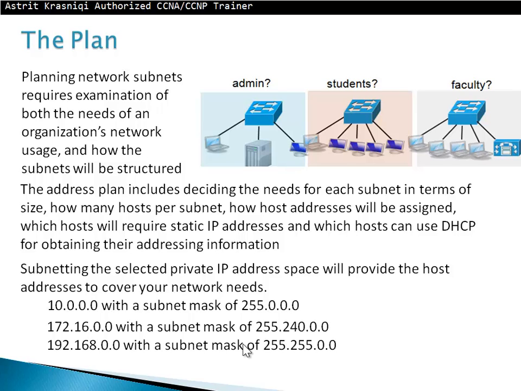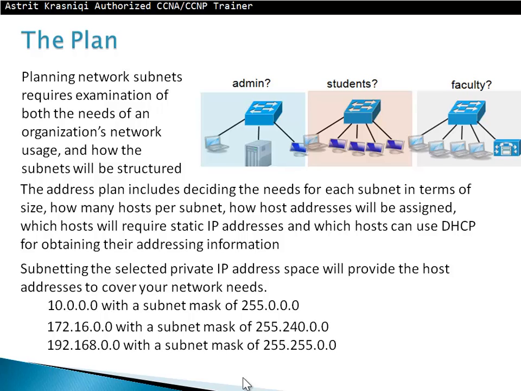Remember the range was 172.16.0.0 all the way up to 172.31.255.255. Then we had the class C, which is 192.168.0.0, and the subnet mask for this is 255.255.0.0. So the range was from 192.168.0.0 all the way up to 192.168.255.255.